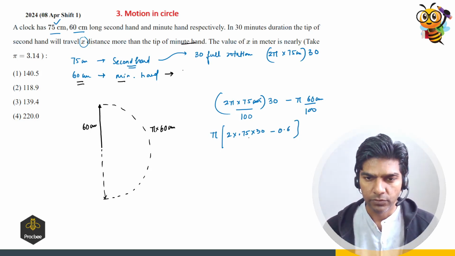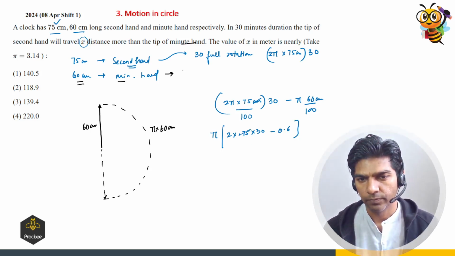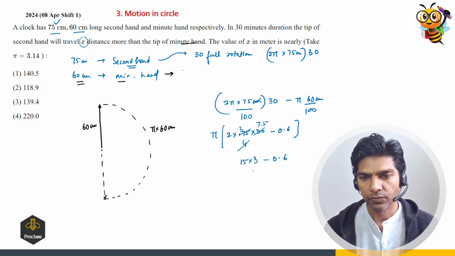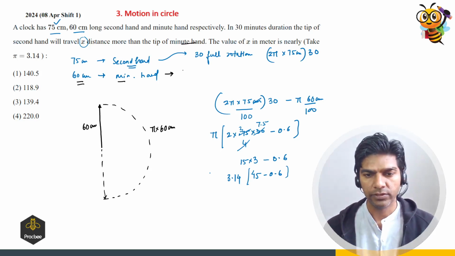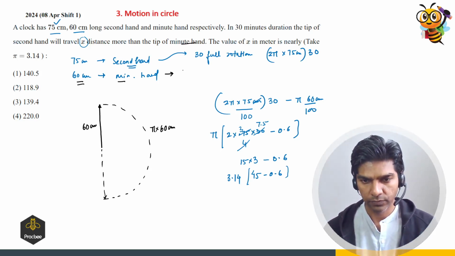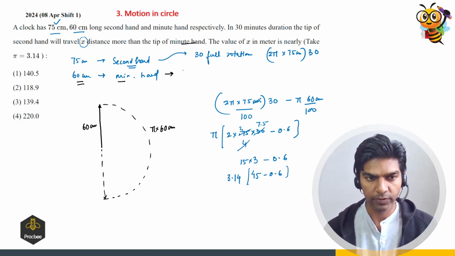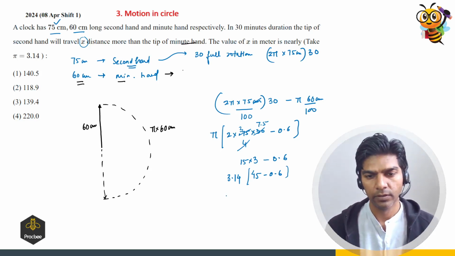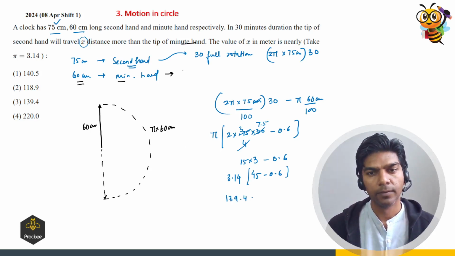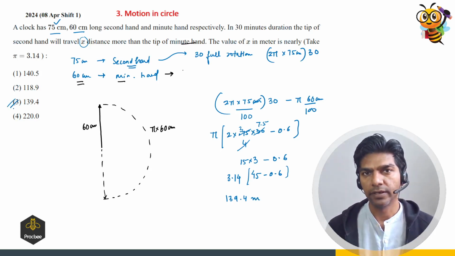Right, so this comes out to be 2 times 3 by 4, which gives us 7.5, and we have 15 times 3 minus 0.6. So 45 minus 0.6, and pi is 3.14. So we have to find the closest answer. 3.14 times 44.4 will be 139.4. So option 3, 139.4 meters, is the right answer.